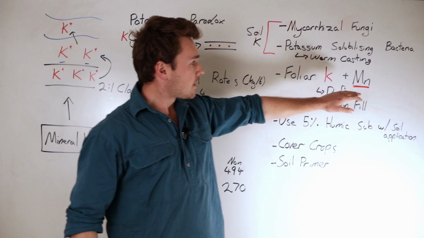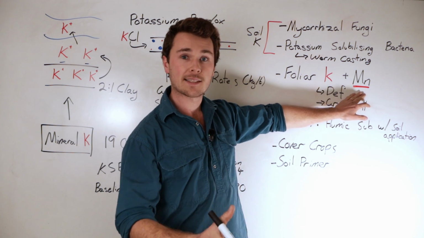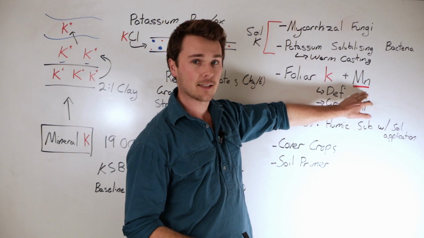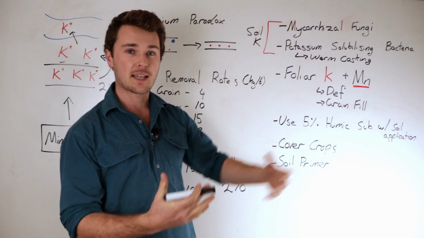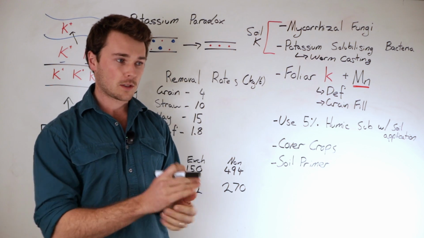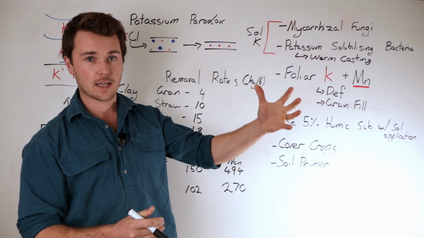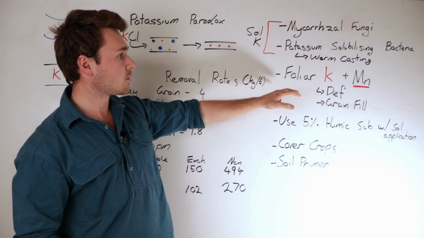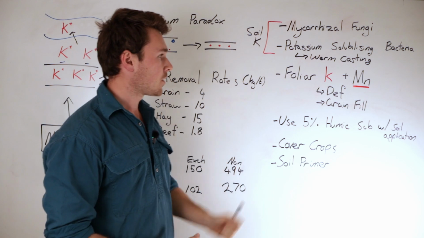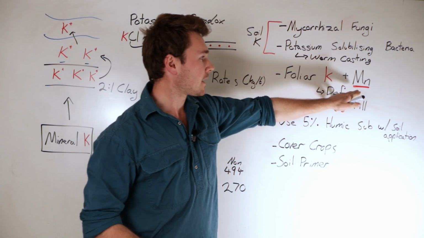Now, a really important additional mineral that we need for potassium uptake and regulation is manganese. Manganese almost regulates potassium uptake. So typically, if you have too high potassium in your plant or too low potassium, it's due to a manganese deficiency. So it's super important that we apply manganese.